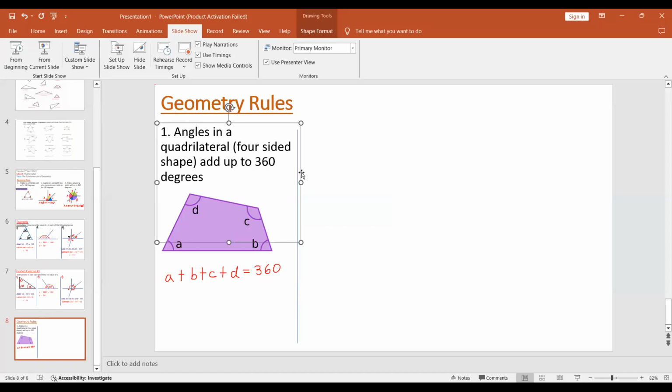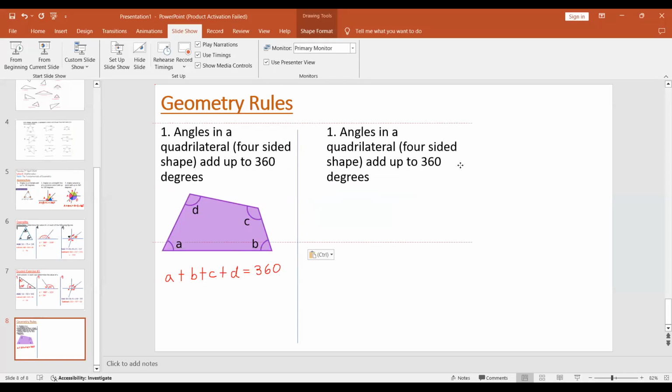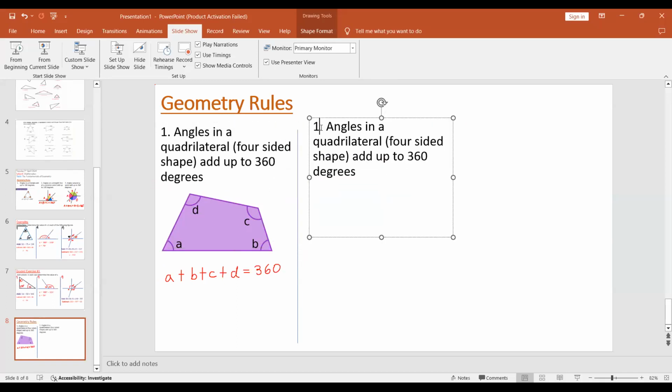The next rule that we're going to be looking at is vertically opposite angles. Anyone ever heard of that before? What do we know about vertically opposite angles? Vertically opposite angles are equal to each other.